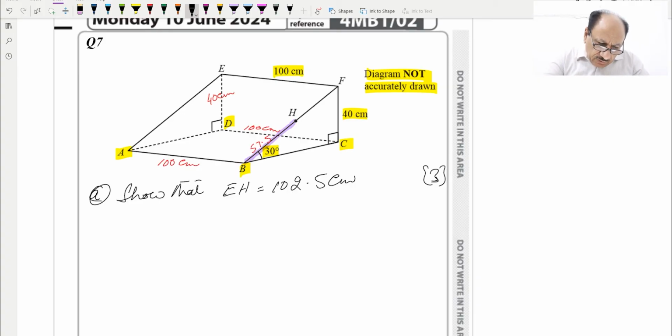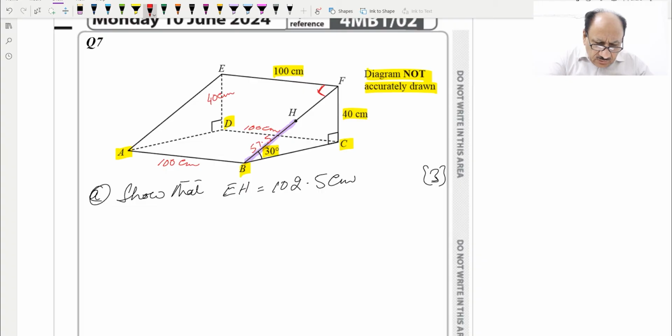basically if we see, this is also a right angle triangle. Which triangle? Because ABFE is a rectangle, so that's why I have written this as a right angle, which is EFH.